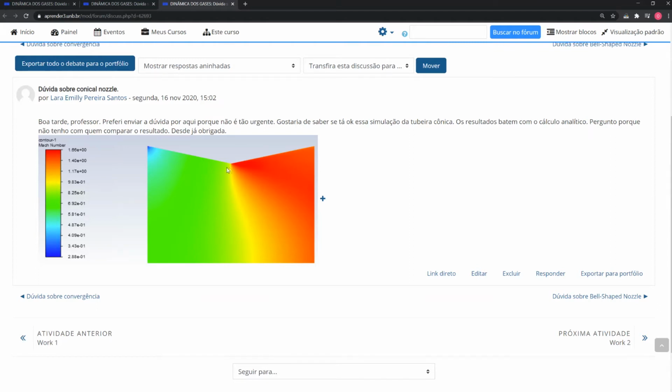We can see the sonic line here, the line where the Mach number has a value equal to 1. This shape is quite expected, as well as the supersonic flow distribution, a quite low supersonic Mach number, maximum 1.66 in the nozzle.